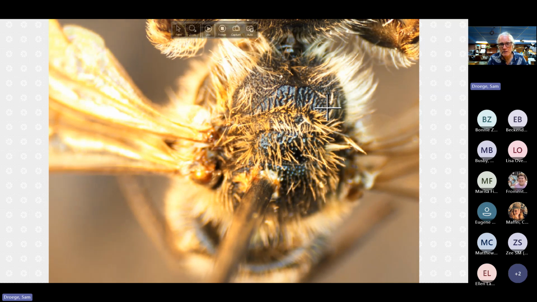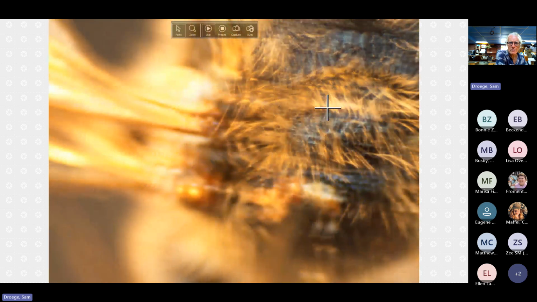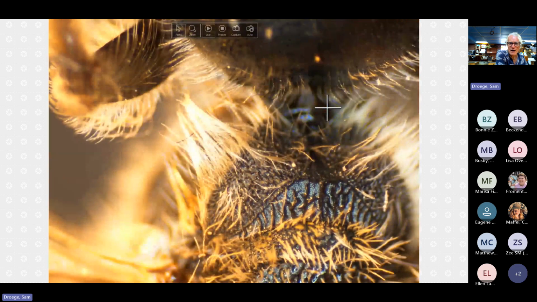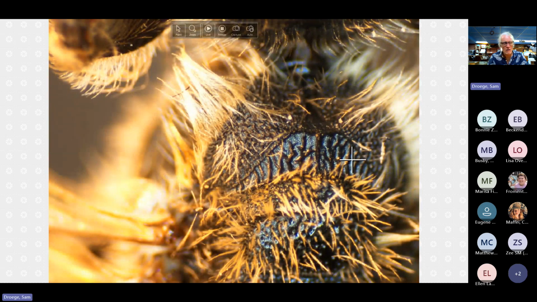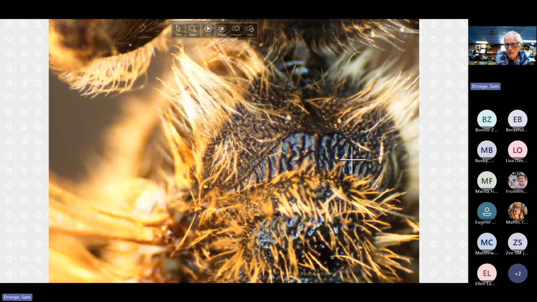Maybe we can go up a little bit in magnification and see it better. I'm going to move it if I can. Again, there are maybe one or two in the eastern species, all very uncommon, that have a raised line here too. So we see that and we go like, oh, I'm probably looking at a Trachandrena. Look at the abdomen, check to see if the depressed rim is long.